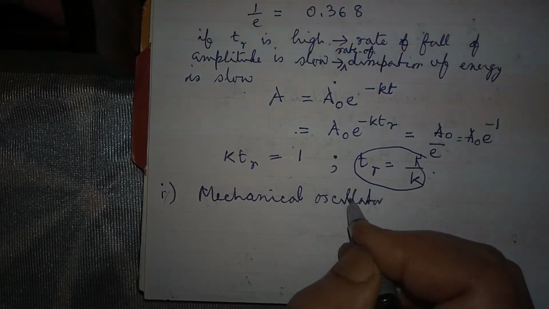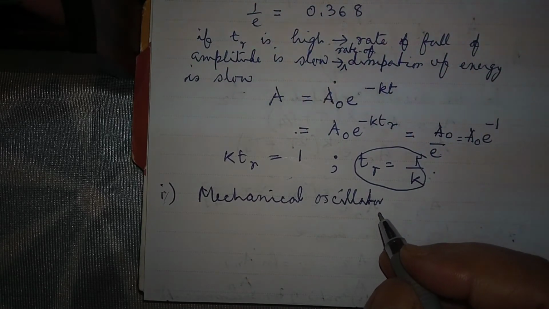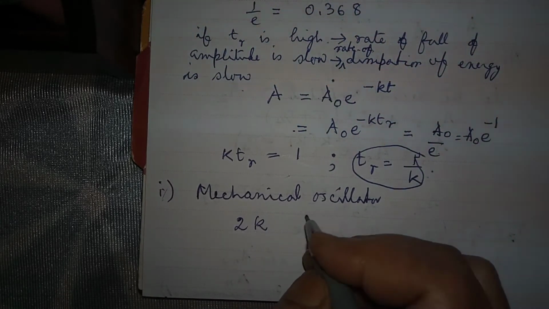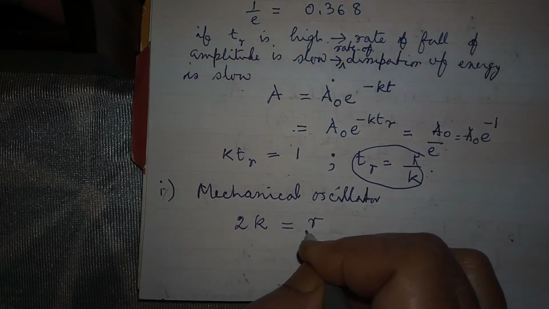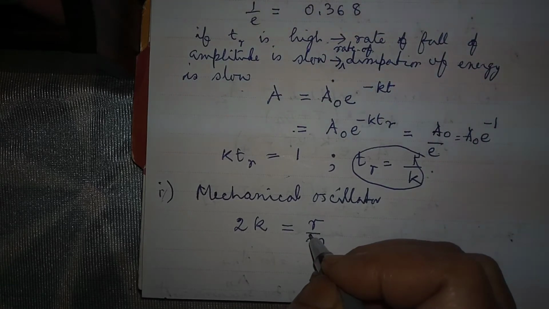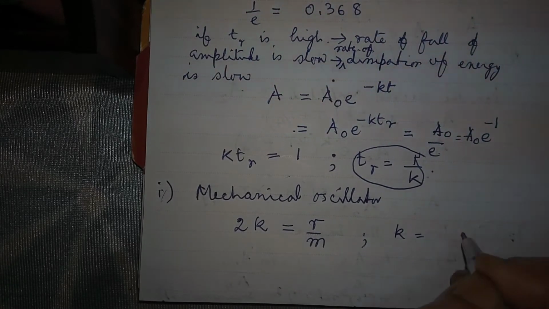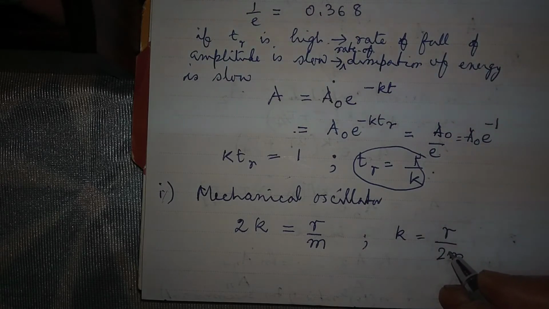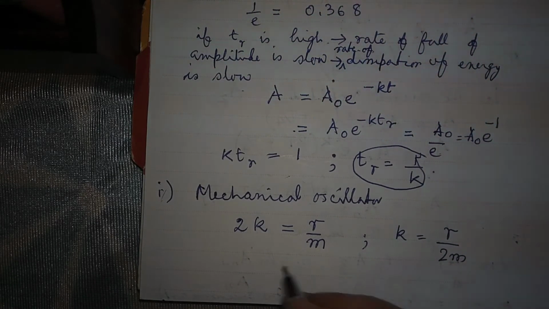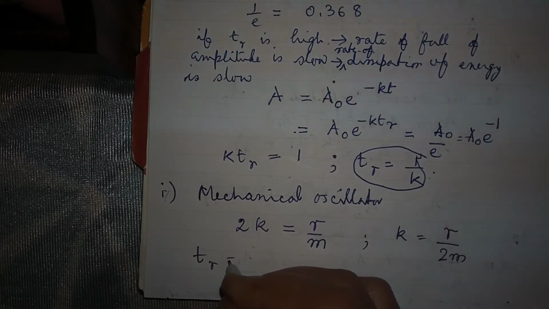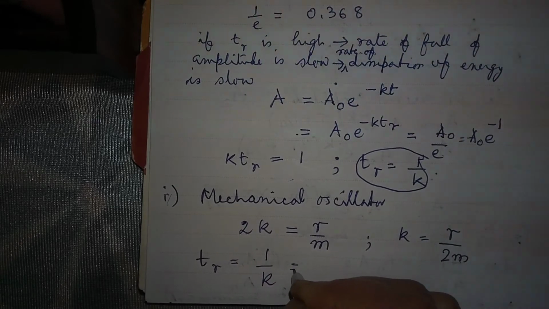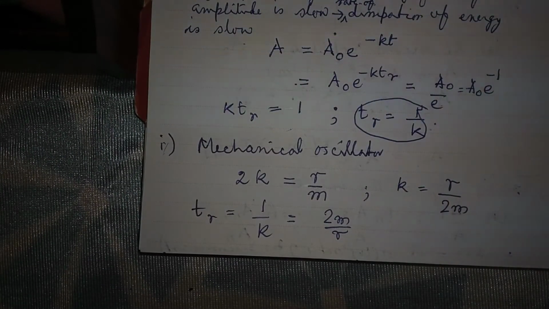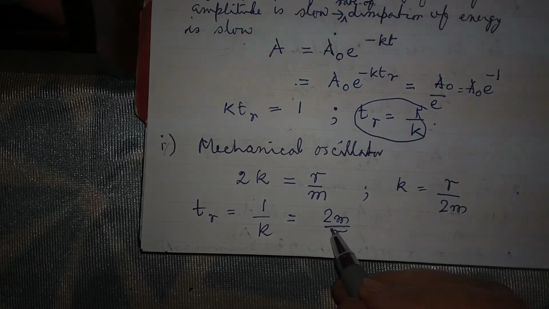For a mechanical oscillator, what have we taken in our differential equation? 2k is equal to R by M. So k is equal to R by twice M. Hence the relaxation time TR, which is equal to 1 by k, will be equal to twice M by R. That is the relaxation time, inversely proportional to the damping constant.